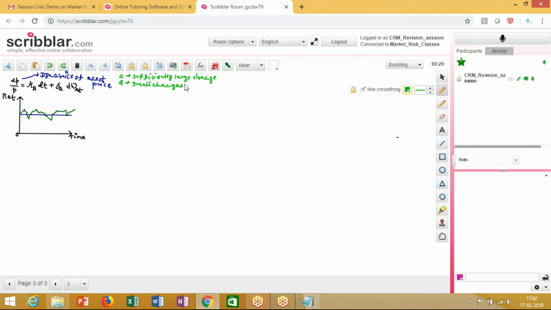When I'm talking about small changes, it means that I'm talking about a variable which is changing continuously over time, and it is this movement of the variable over time which is creating the bigger challenge.